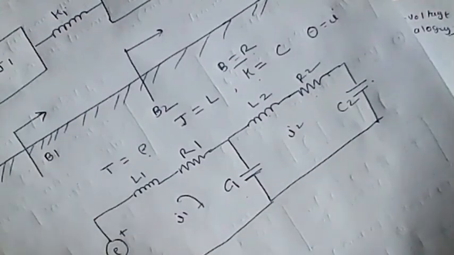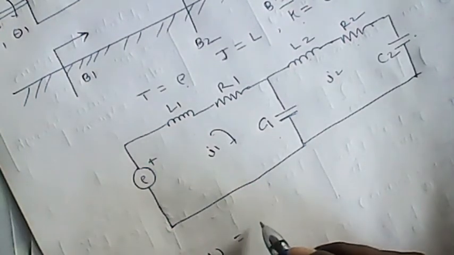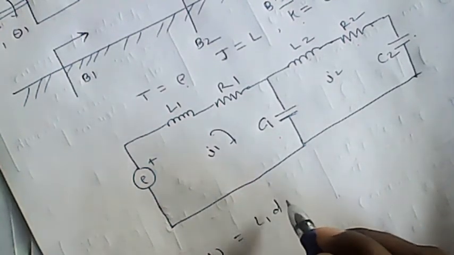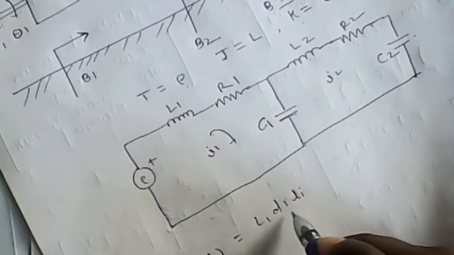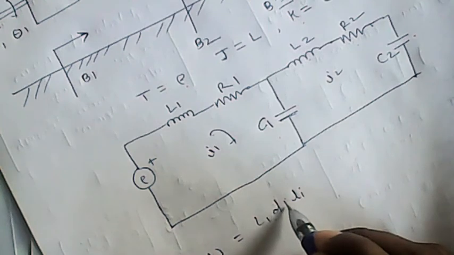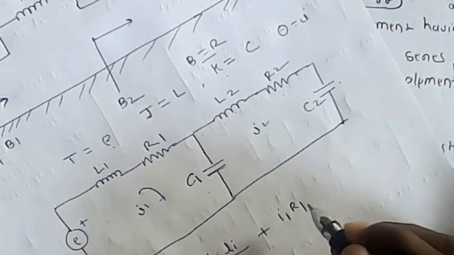We also write the equations for mesh 1 and mesh 2. For the first one: L1 di1/dt plus I1 R1.